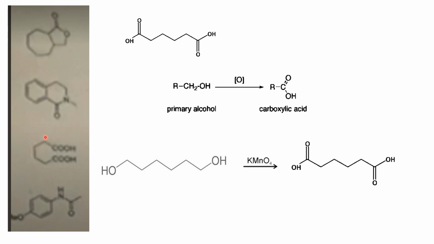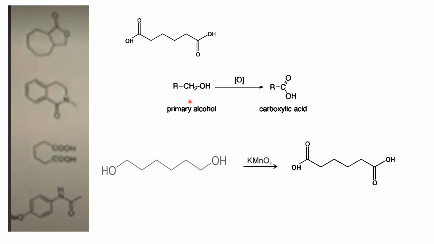Now, let us remember that this structure is a hexane 1,6-dioic acid. It can also be written like this. How many carbons are there? 1, 2, 3, 4, 5, 6. Dioic acid, 1,6 dioic acid. So, ito, structure na to at ito are equivalent.